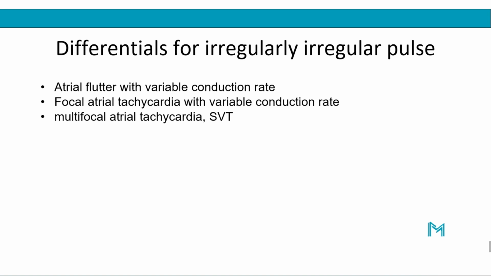Sometimes the block is well determined, so you have a pattern where the block is occurring. Every other beat is when the conduction comes through, so you have a 2:1 block. And then you can have 3:1, 4:1. These are well-determined patterns.